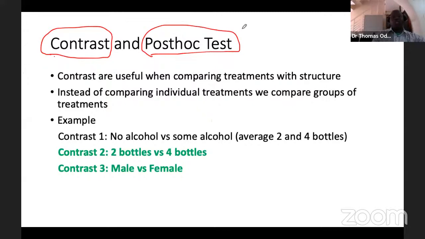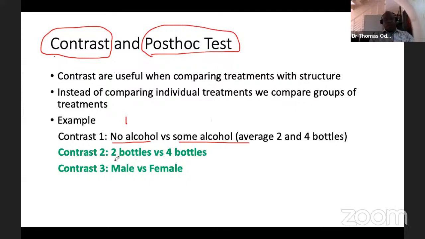That is what we do in contrast comparison. So for example, we could have a contrast of no alcohol versus some alcohol. No alcohol is one treatment, and some alcohol can be either 2 or 4, so the average of 2 or 4 bottles.